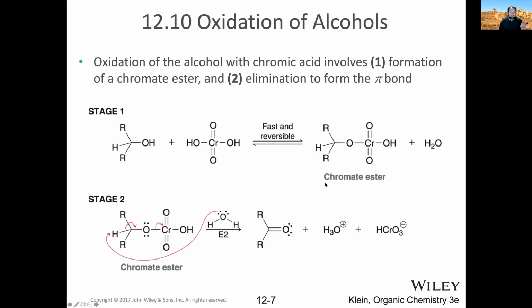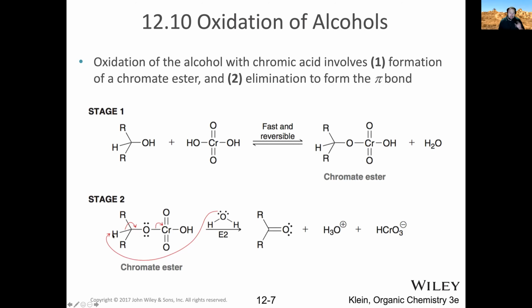Now, in order for the oxidation to take place, you do have to form this chromate ester, because that's where the alpha hydrogen is removed. The hydrogen on the carbon that has the oxygen, that used to be the alcohol, is going to be deprotonated via essentially an E2-like mechanism.